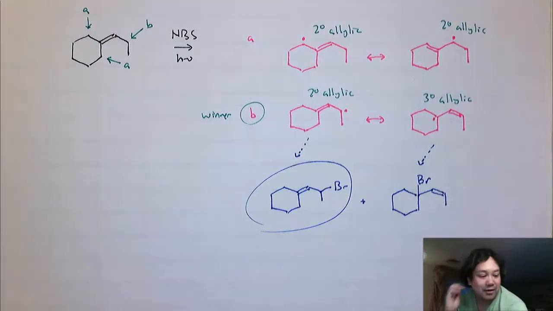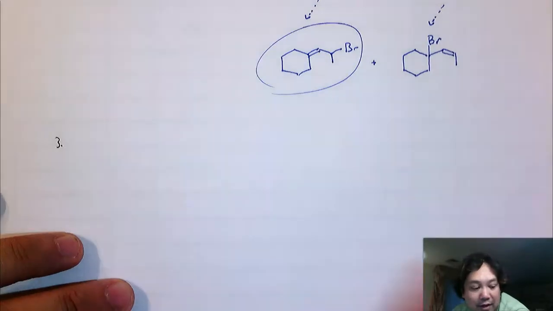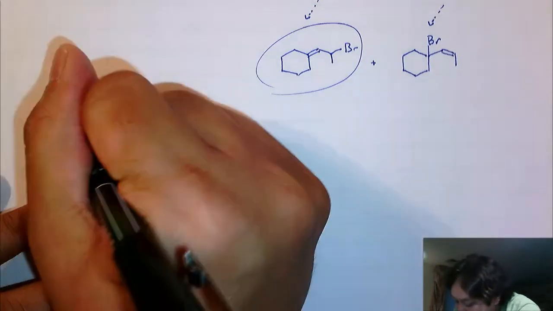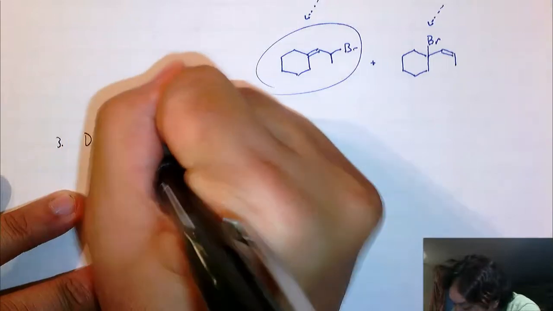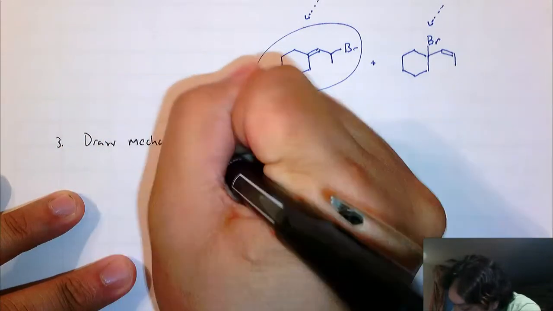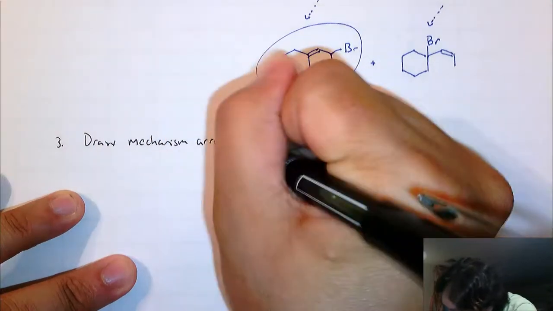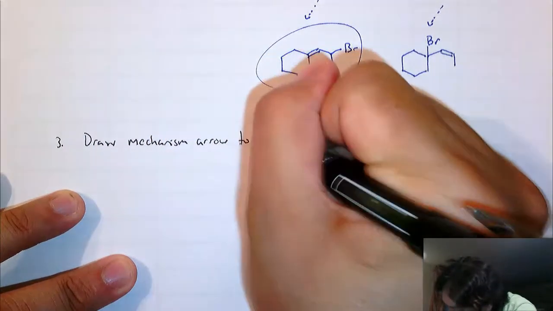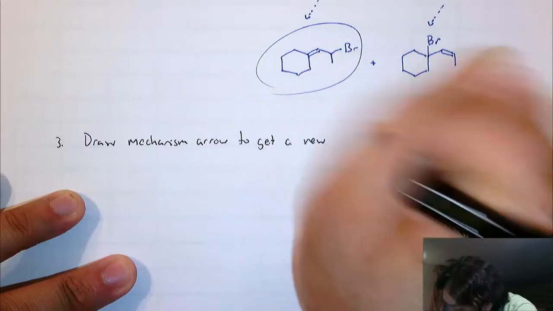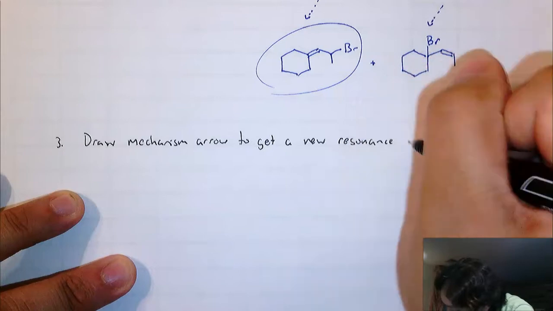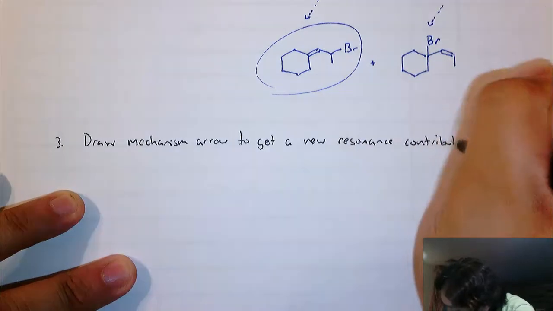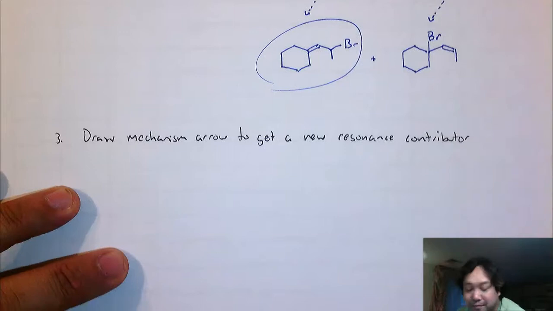Okay. Next thing. Problem 3. Problem 3, let me do resonance. So this is draw mechanism arrows to get a new resonance contributor.